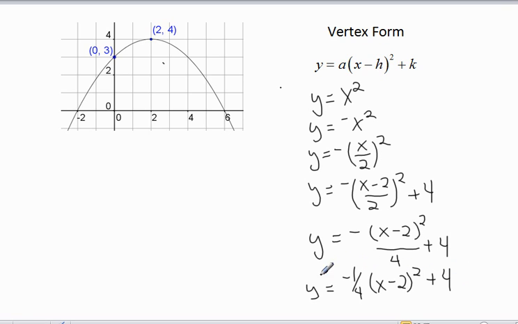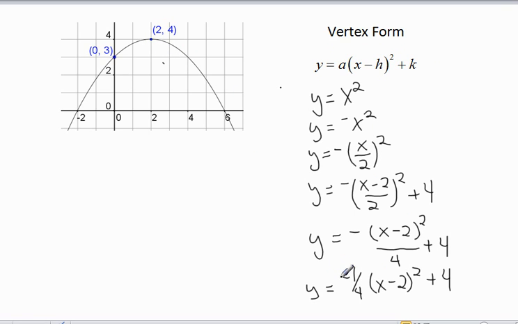plus 4. And you notice this form that I've written right here matches this form that you see up here, called vertex form. And again, when we were doing this back in whatever chapter it was, you'd look at this right away and know we're going 2 to the right and we're going 4 up. You put the vertex at 2, 4.